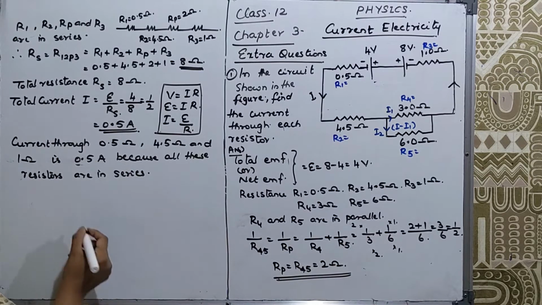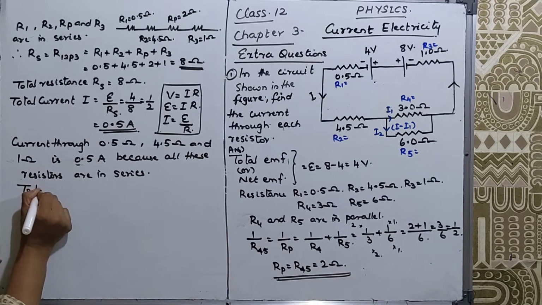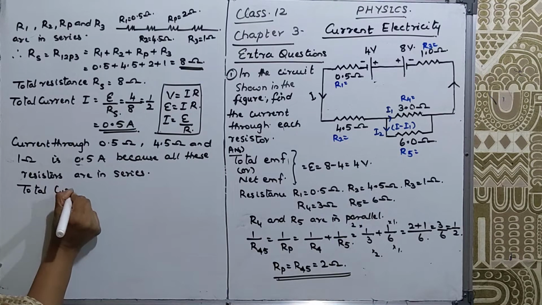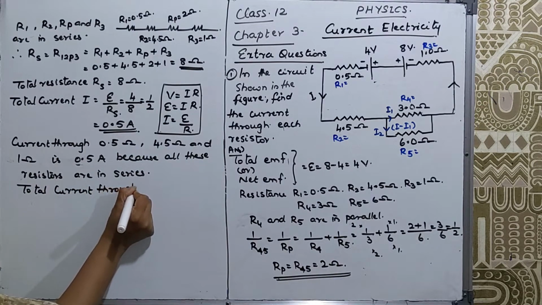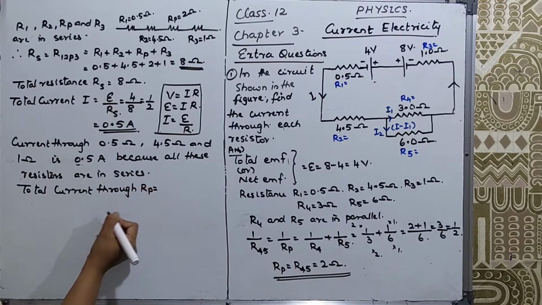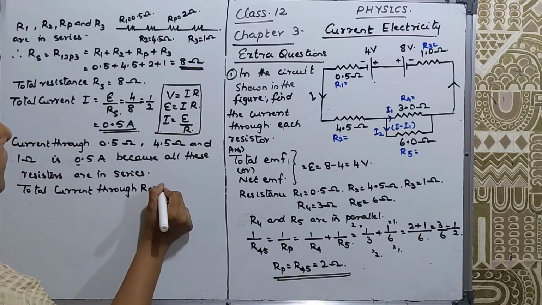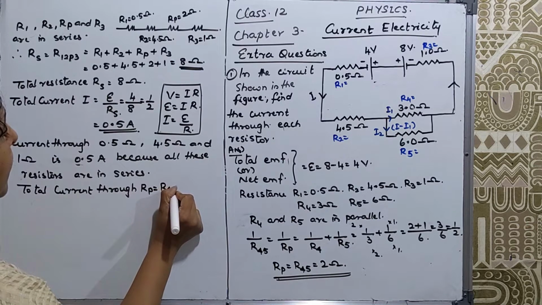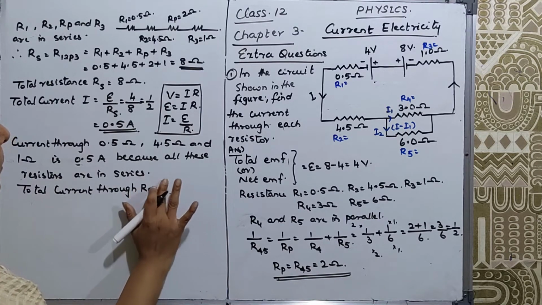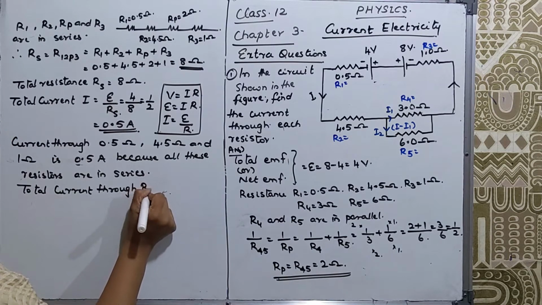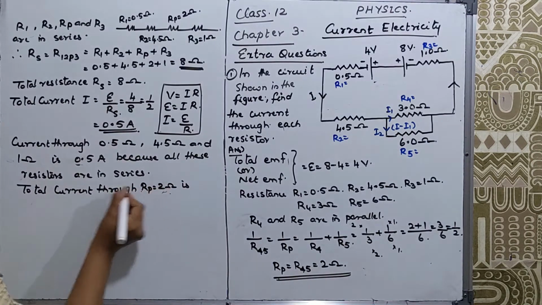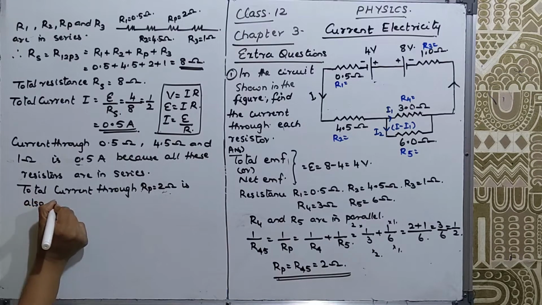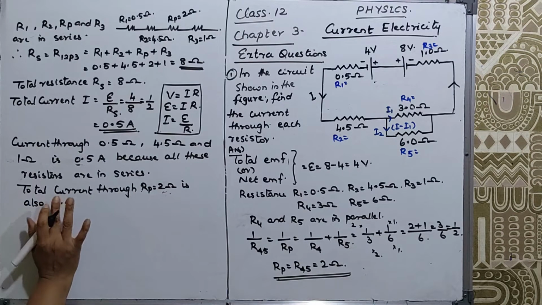Now, the total current through RP, that is RP is 2 ohm, is also I equal to 0.5 ampere.